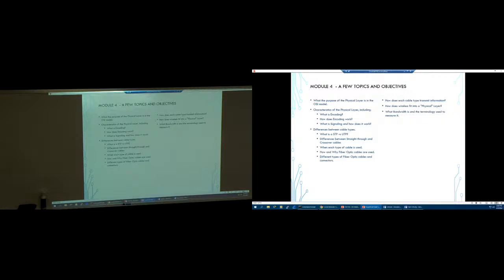You may not have known it, right? Plugging an Ethernet cable into your NIC, putting in a wireless adapter, all of that is functioning at layer one. And what we want to get good at understanding is the difference between a crossover and straight through, and when to use it, how to tell the difference.